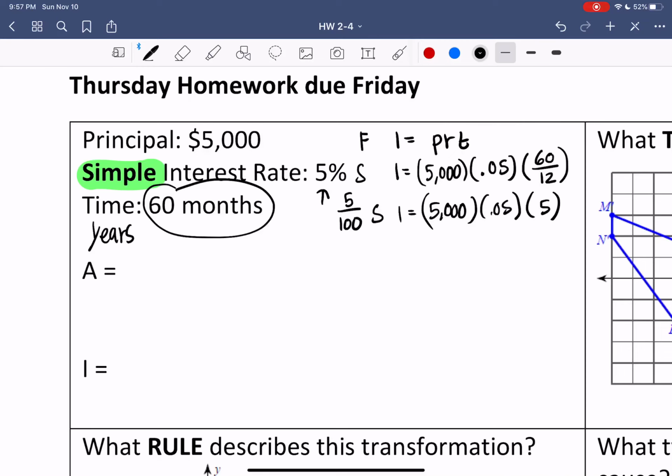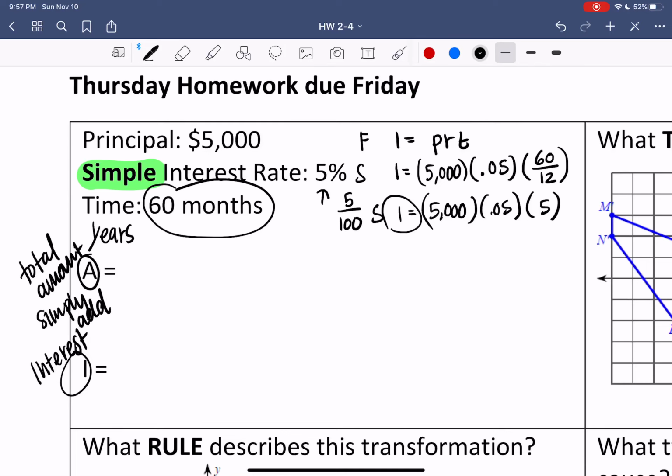So remembering that this I is the I here, so this is for interest. So this A is for total amount. So for simple interest, you simply add to get your total. This is not saying to solve for the compound interest.